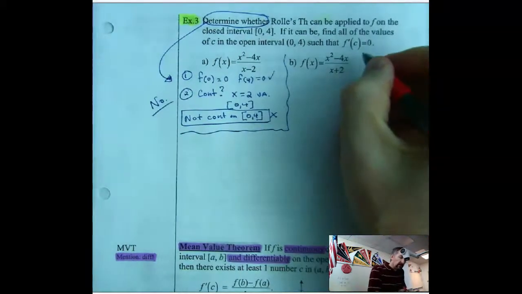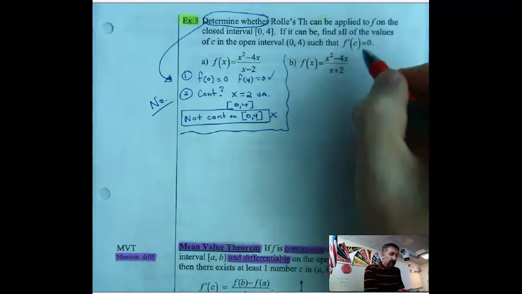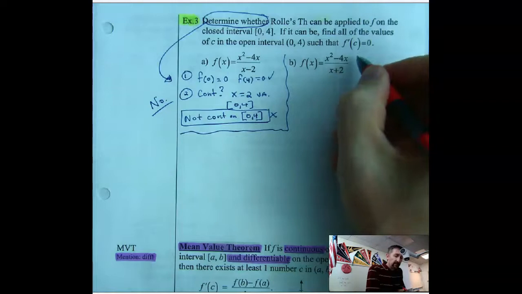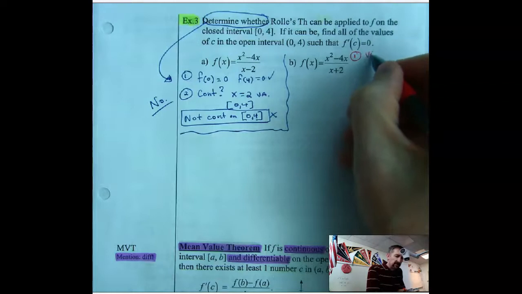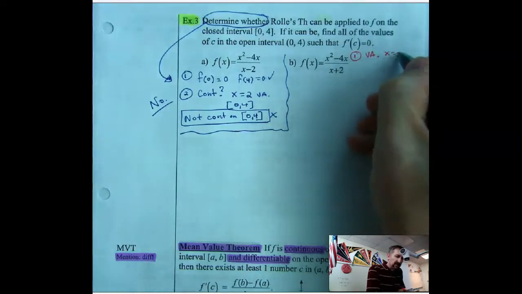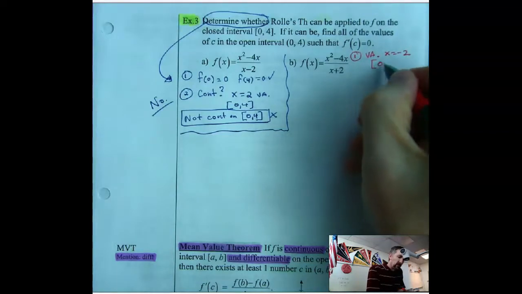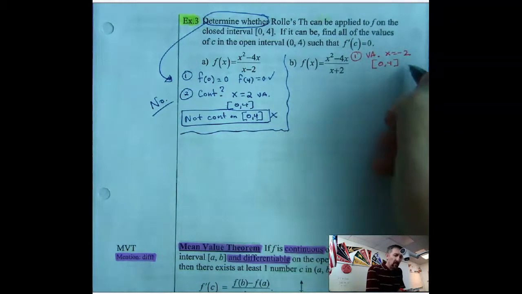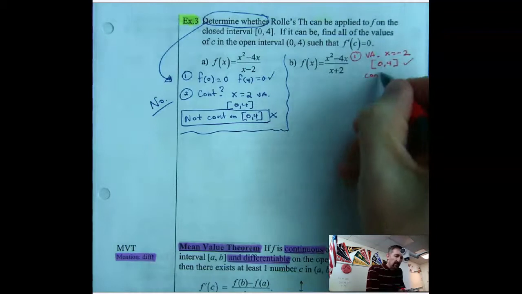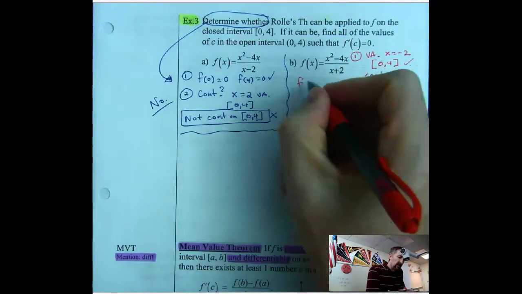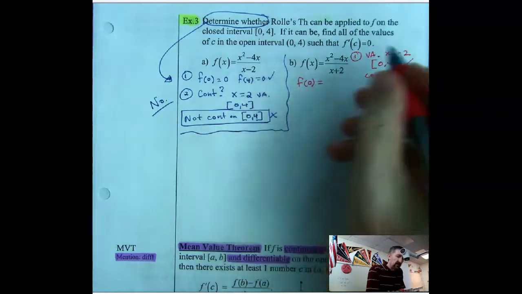So over here, and maybe you say, well, maybe we should have checked that first, so maybe step 1 should be we have a vertical asymptote at x equals negative 2, but we're just looking from 0 to 4. So on 0 to 4, we are continuous. We're okay. So now we want to test f of 0.